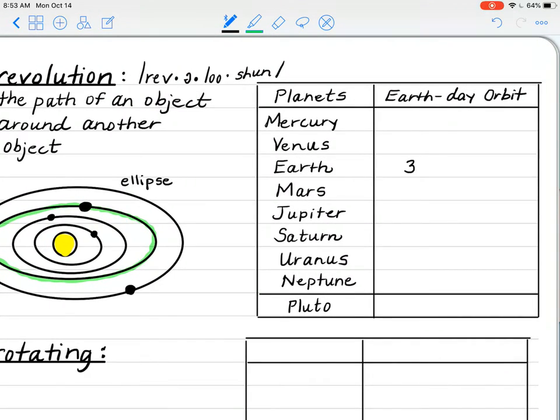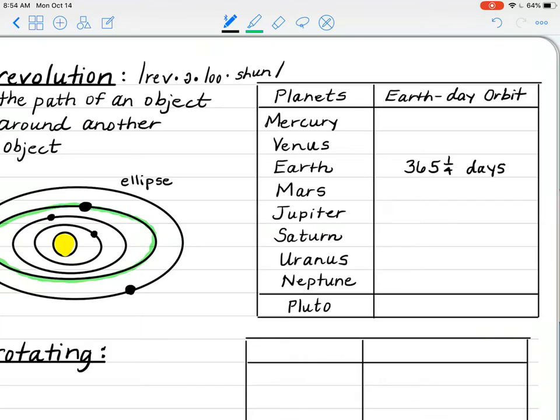Well, it takes 365 1/4 days to do that. And these are Earth days. So these are the days that you and I know so well. The 1/4 is made up every 4 years as a leap year. So every 4 years we add an extra day to make up for that 1/4.